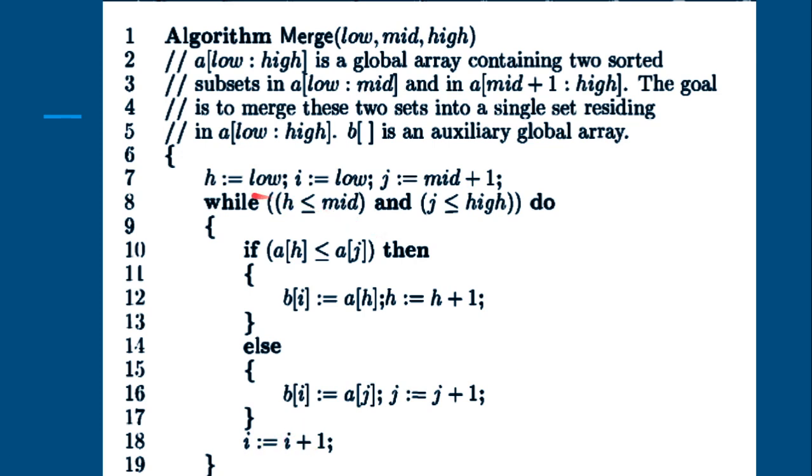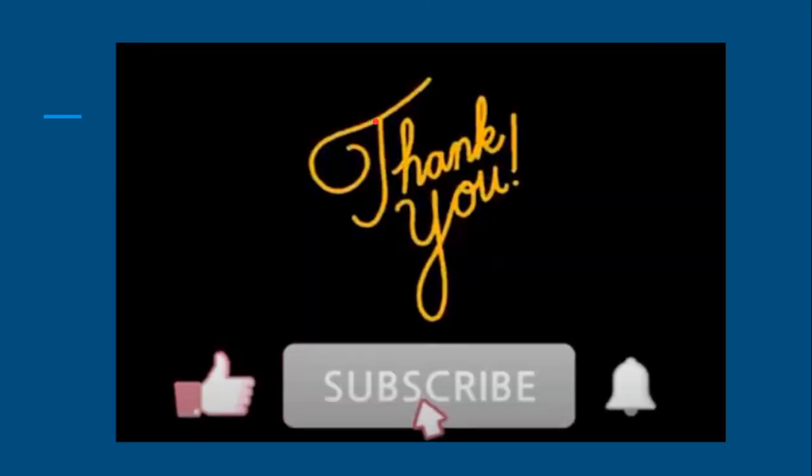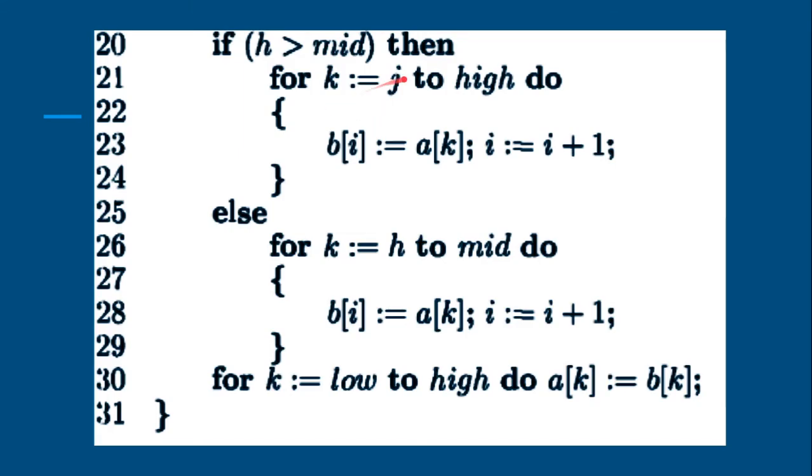Now this part of the algorithm checks the order of the elements in the two consecutive subsets in order to get the new merged proper set. And now the algorithm follows this way. There are some remaining elements in either the first subset or the second subset. Whatever they may be, the remaining elements have to be copied.